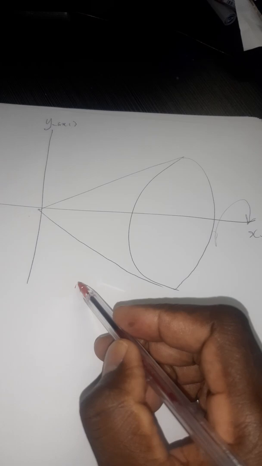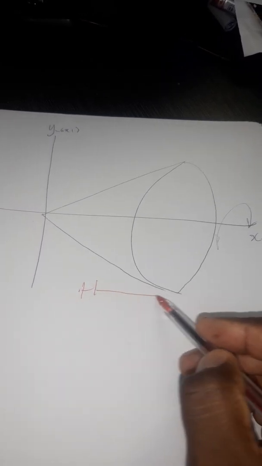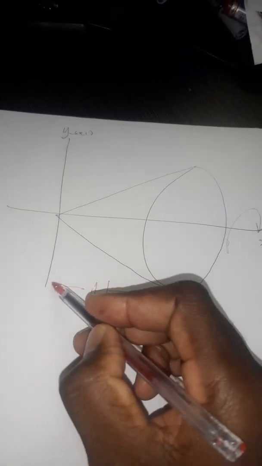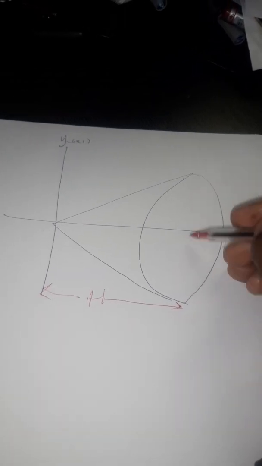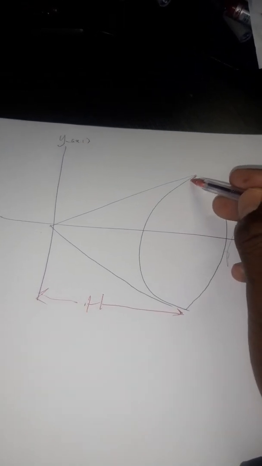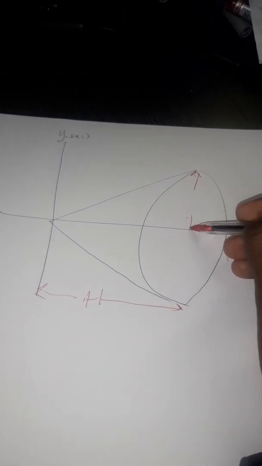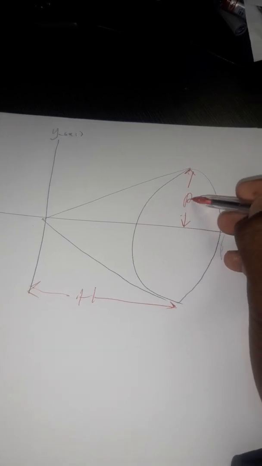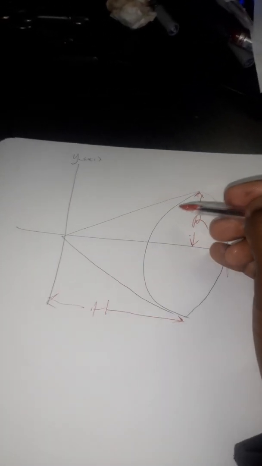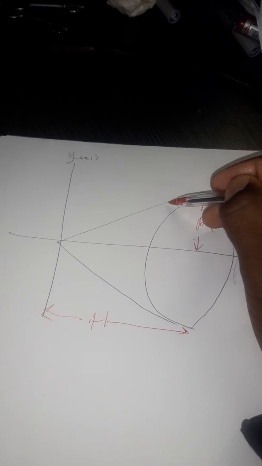From here to here, it's h. From here to here, it's r. Remember?